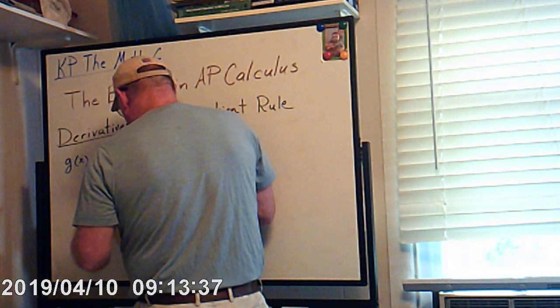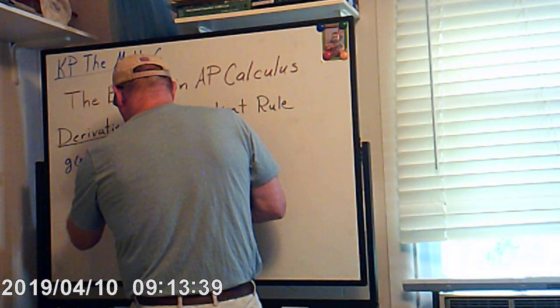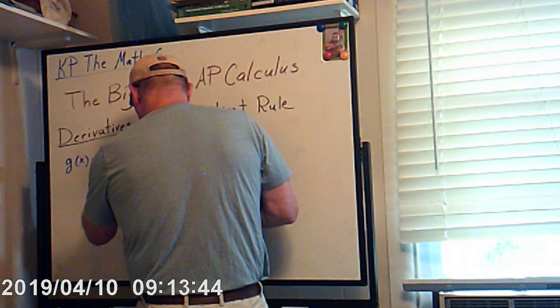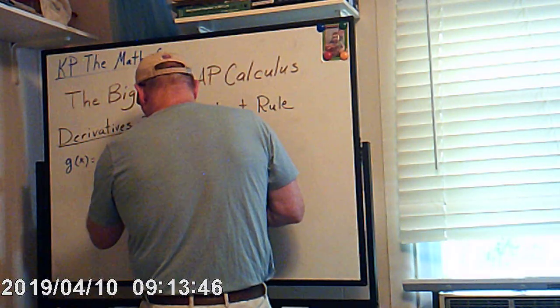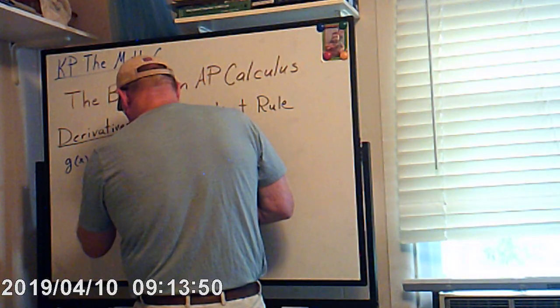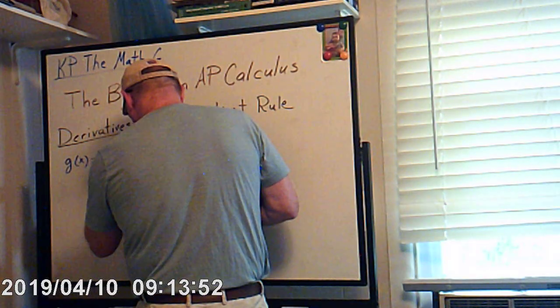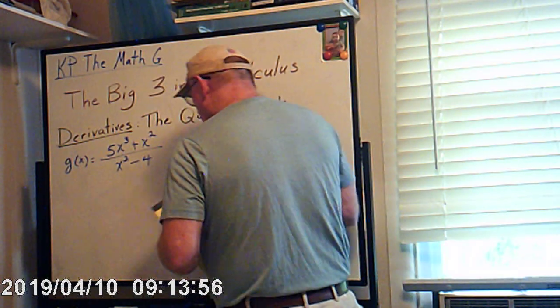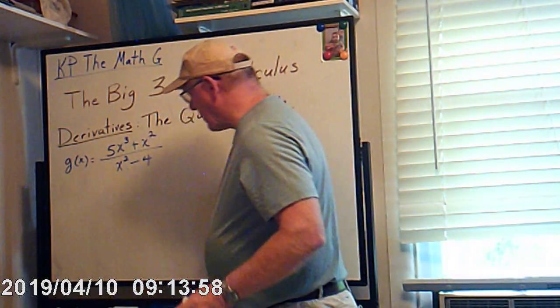Let's do this one here: 5x cubed plus x squared over x squared minus 4.